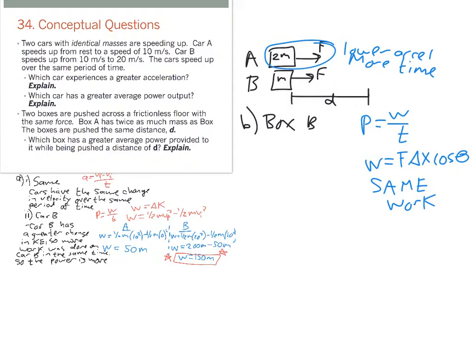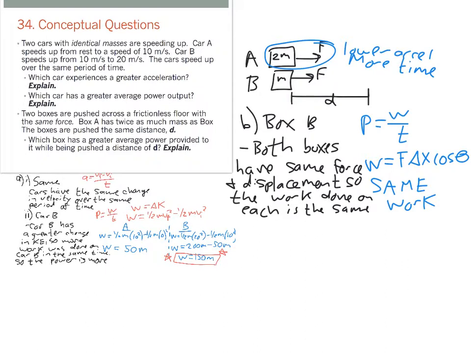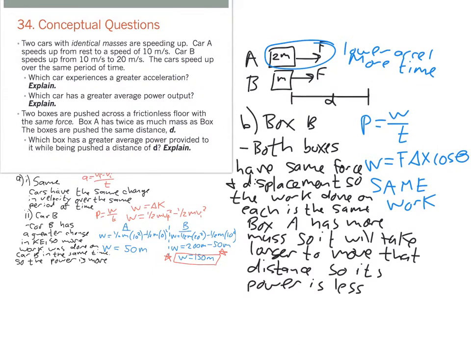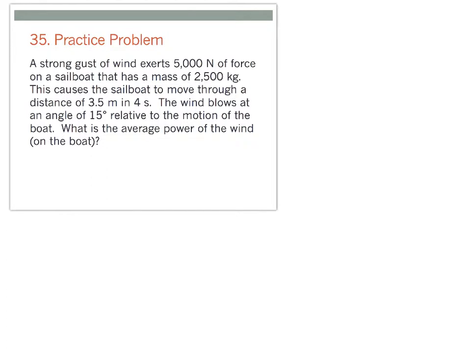And so that means that the power will be less. Even though the two have the same amount of work being done on them, it's going to take box A a longer period of time to move that distance d, and therefore the power for A is going to be less.